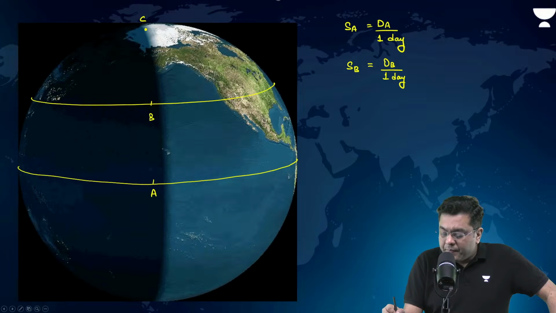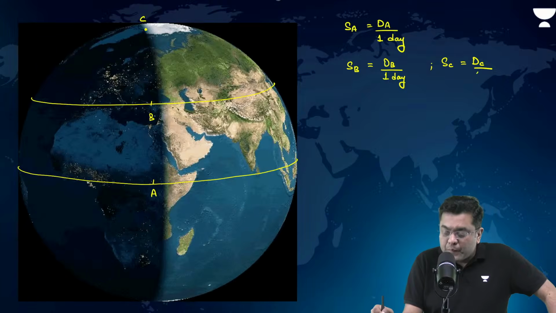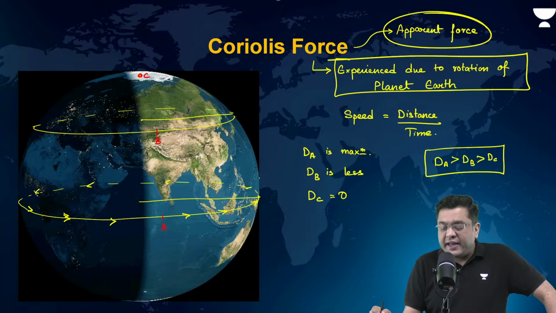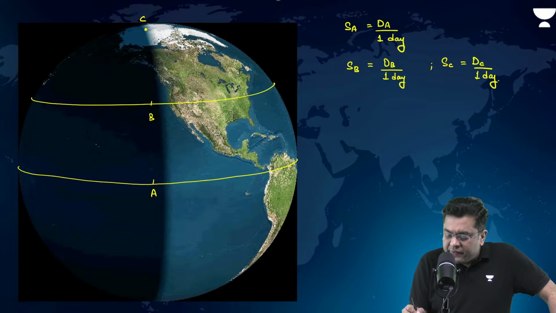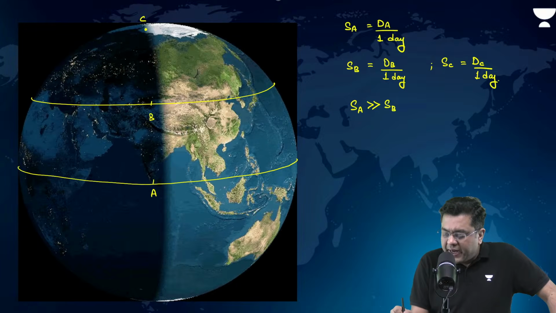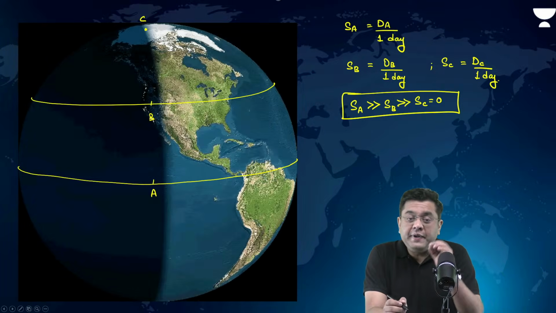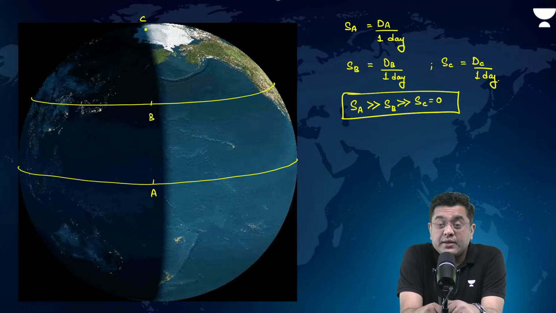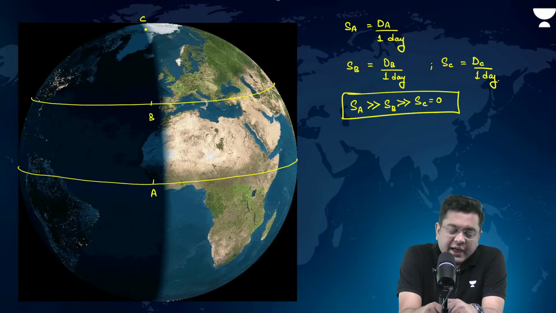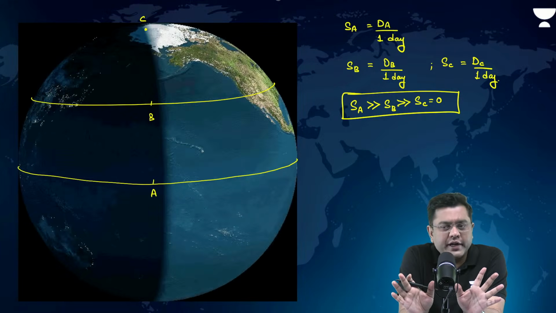Speed of C is equal to distance covered by C divided by 1 day, isn't it? So, based upon this analysis, can I say that speed at A is the greatest, speed at B is less, speed at C equals 0? That means the speed of rotation of planet Earth is maximum at the region of equator, and reduces to 0 as you reach the region of the poles. Clear?